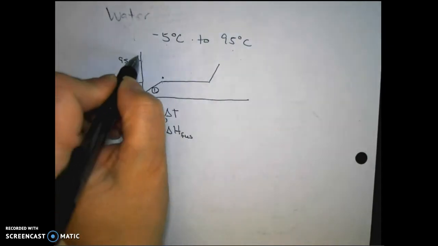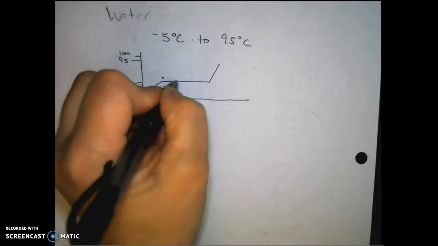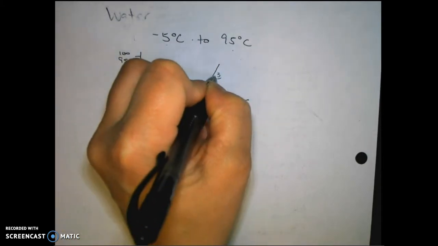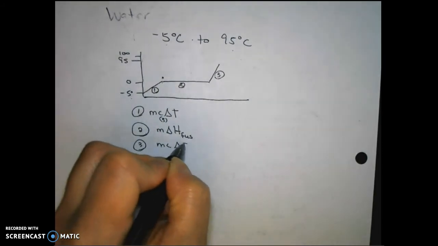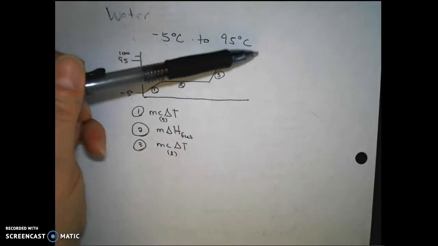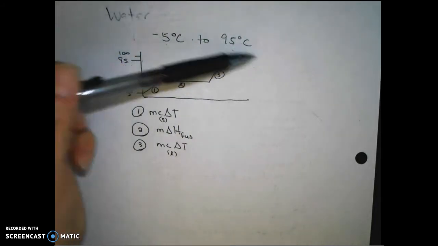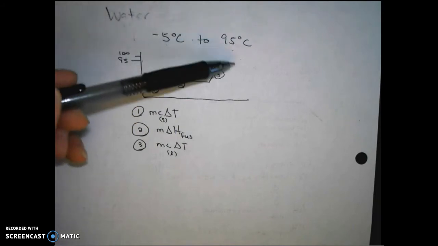95 degrees is below the boiling point. So I'm done here. My third calculation is simply m c delta T, however, of the liquid this time. I don't need to do boiling point, and I don't need to do m c delta T for gas because my temperature stops there. So what I would like you to get into the habit of doing is just drawing a very small heating and cooling curve.